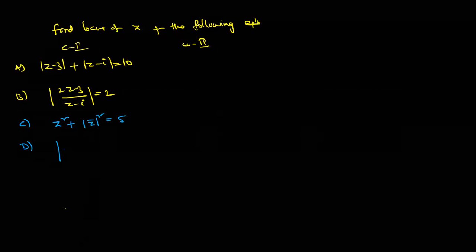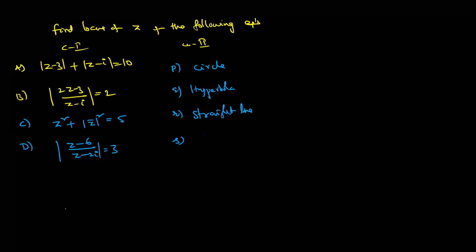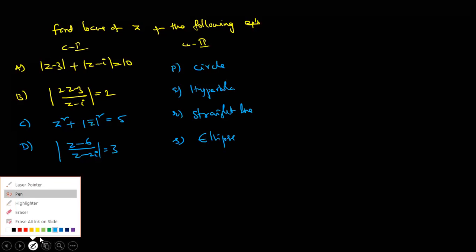D: z minus 6 by z minus 2i is equal to 3. Next one here, P, Q, R, S: circle, hyperbola. By seeing the question, you can say some answers. Straight line, ellipse. Anyone getting an idea here, students?